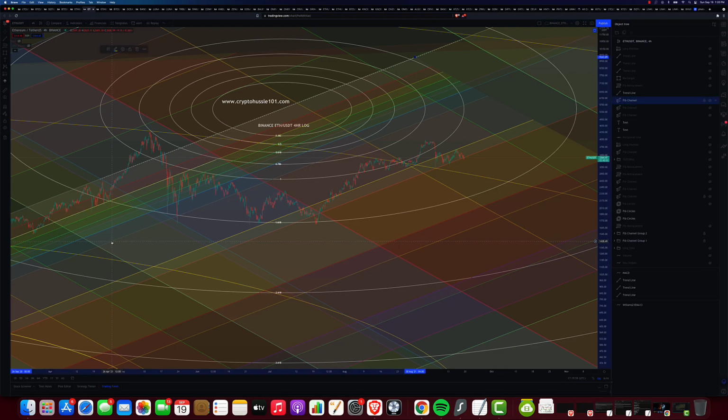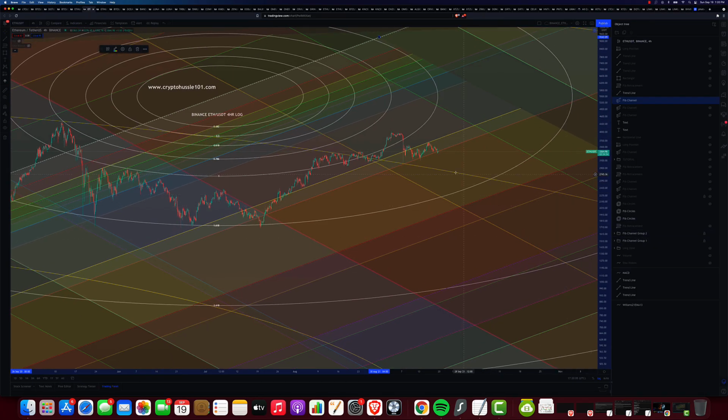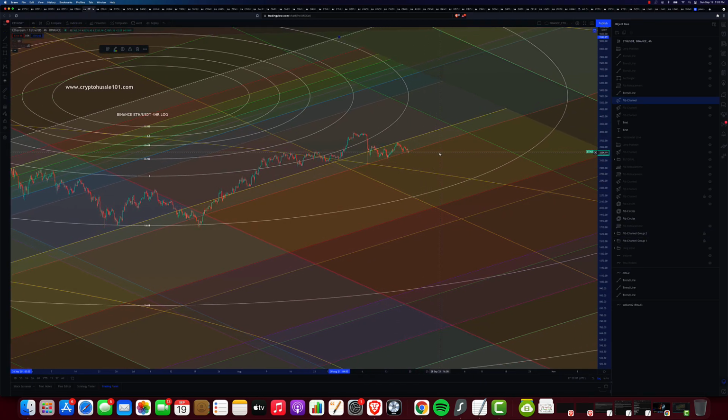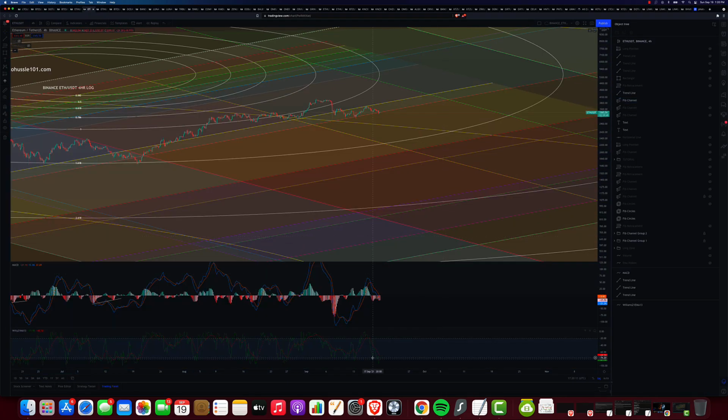All right. So right now, price is here. We're finding support resting on this line right here. If I look at my Williams %R, we're kind of oversold right now. MACD maybe trying to curl up a little bit.